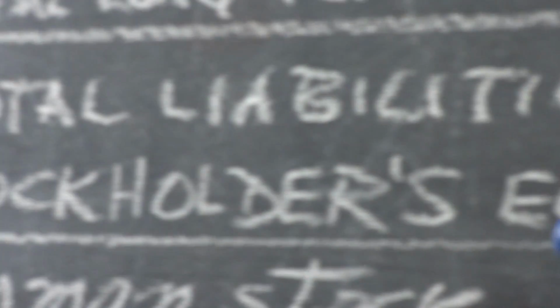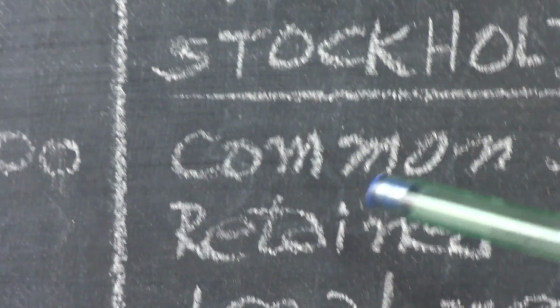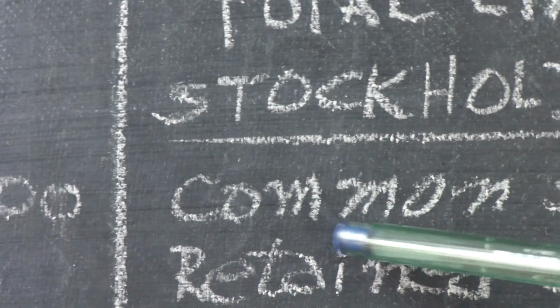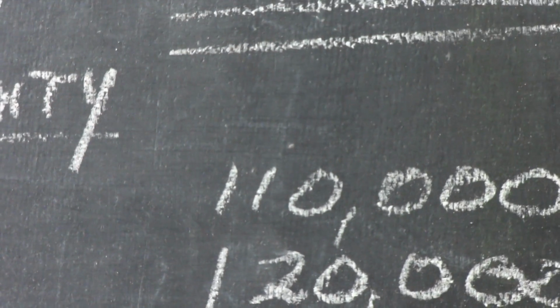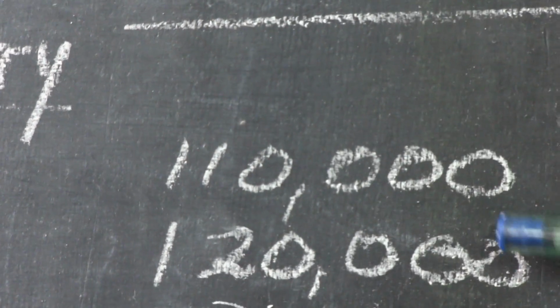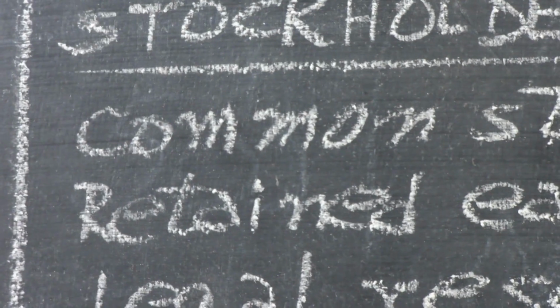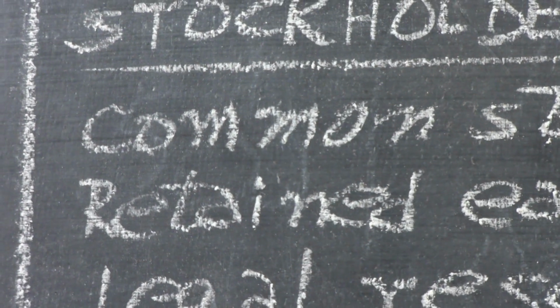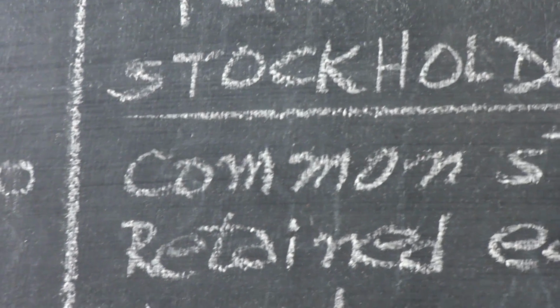At last, we have the stockholder equity, which is the patrimony that the Bright Corporation has. It is composed of common stock by $110,000, which are the stocks the Bright Corporation has released to its own stockholders and to third persons.